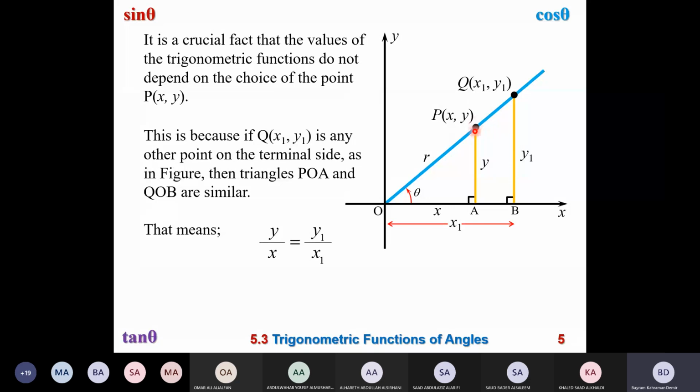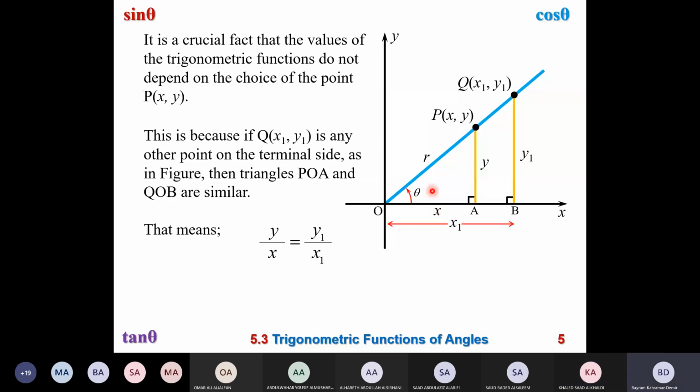What it means, for example, for the first point, we have point x, y, so we have a triangle here, right? So opposite is y, adjacent is x. And if you choose another point, we will have a longer y1 here, and a longer x1. Let's look at the tangent of theta. What is tangent of theta? y divided by x. If you choose the other point, tangent theta will be y1 divided by x1.